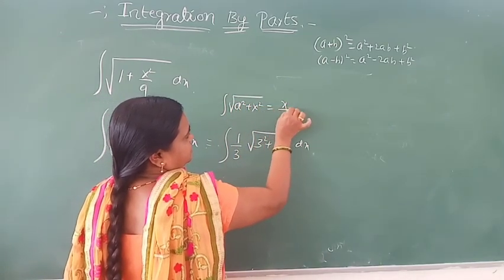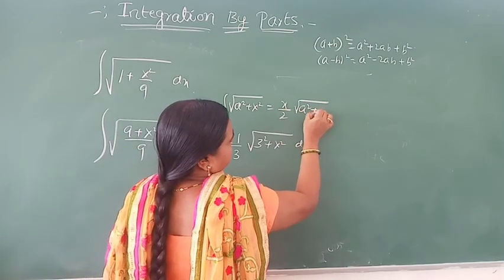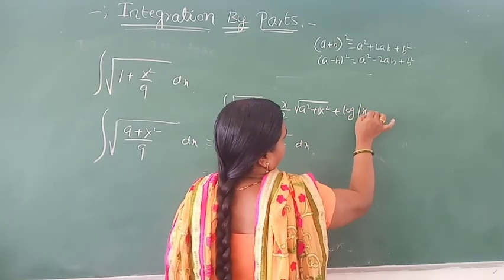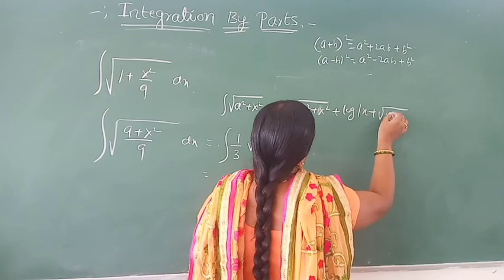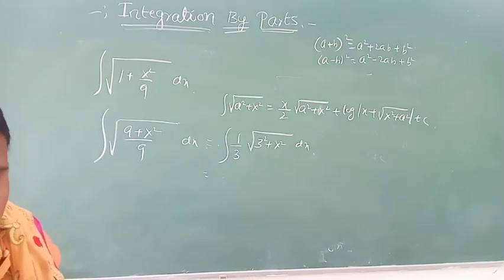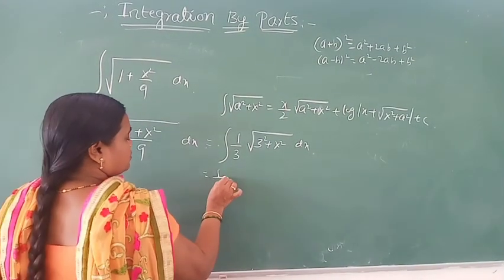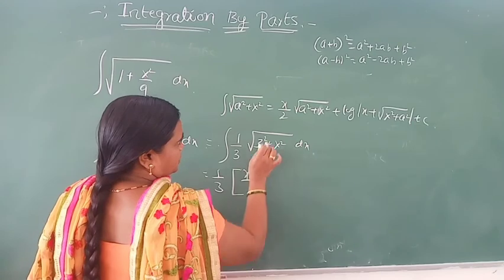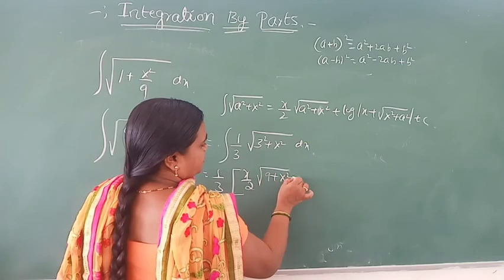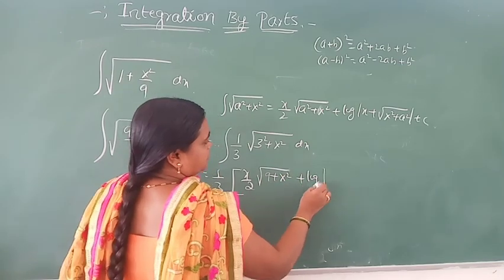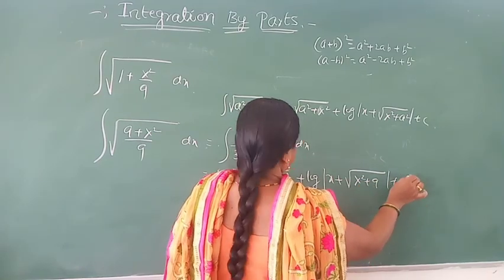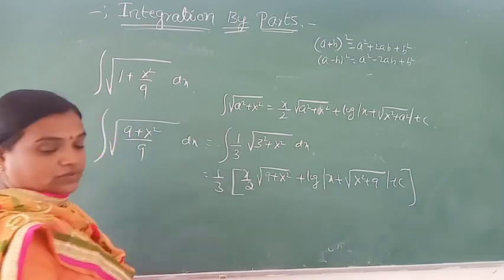And we have the formula, that is x by 2 root of a square plus x square plus log of modulus of x plus root of x square plus a square. Both a square plus x square and x square plus a square are similar. That formula we are applying here. 1 by 3, we get x by 2, root of a square plus x square means 9 plus x square, plus log of modulus of x plus root of x square plus 9, plus c. This is the answer.